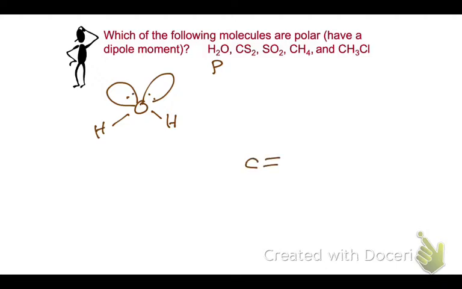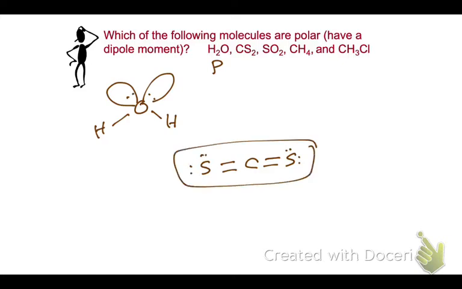If you draw the appropriate shape of carbon disulfide, you will see that it is linear, and there is no way this molecule can be polar. Actually, the difference between sulfur and carbon in electronegativity does not even allow for polarity.